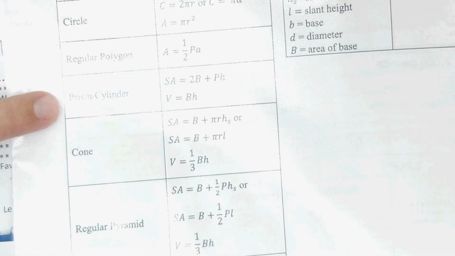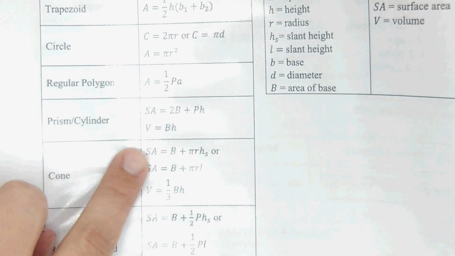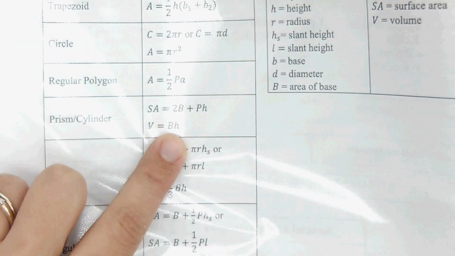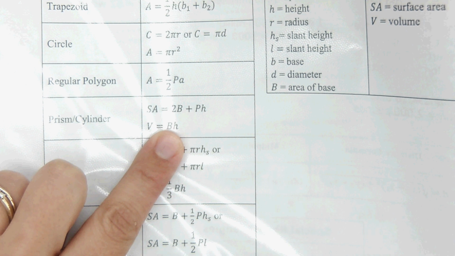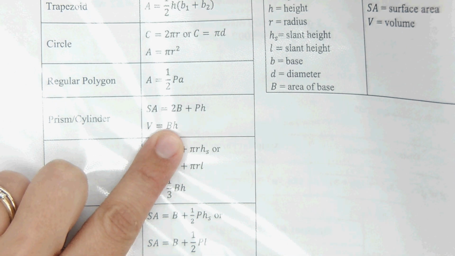I'm going to switch over to the reference sheet for FSA right here, or EOC, whatever it's called these days. For a prism, so prism and cylinder, the volume is this, capital B times H. That capital B stands for area of the base.